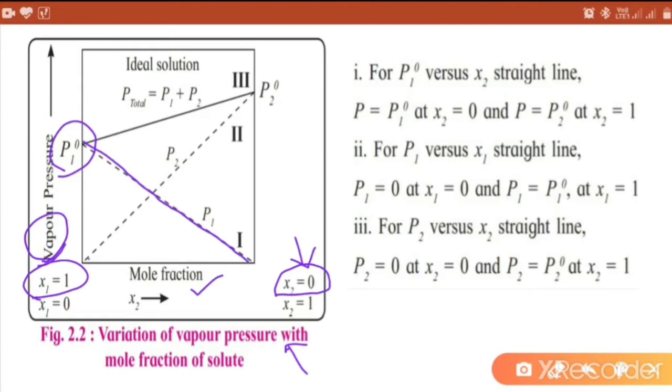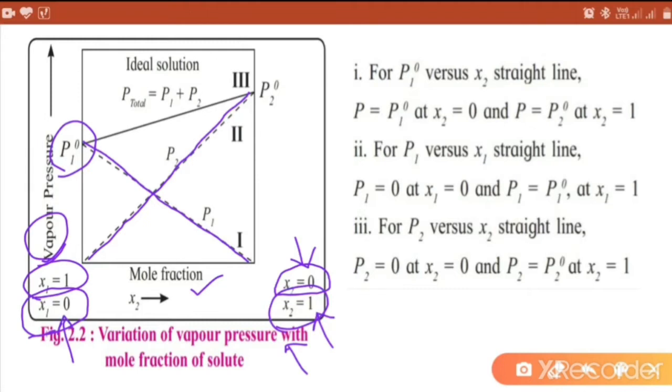And the graph shows a straight line passing through the origin when the mole fraction of the first component is 0 and the mole fraction of the second component is 1.